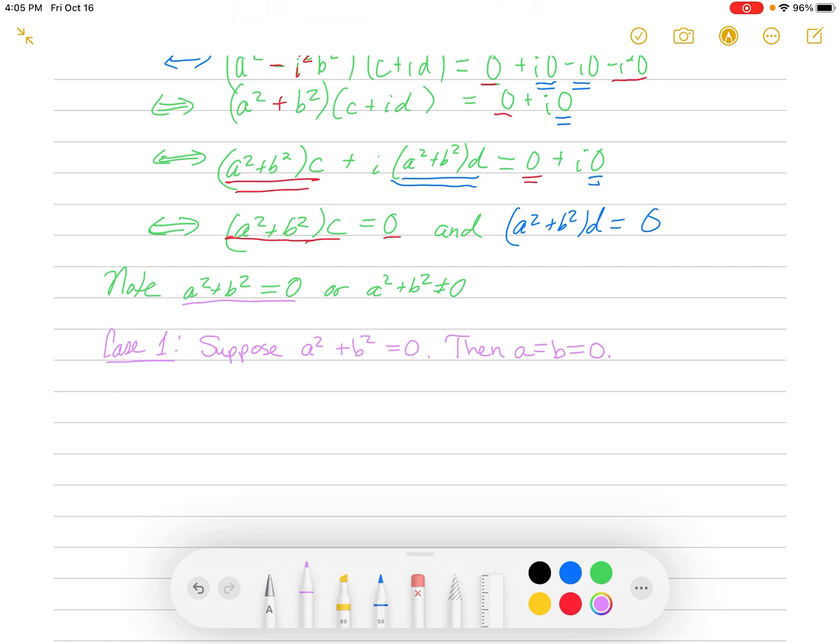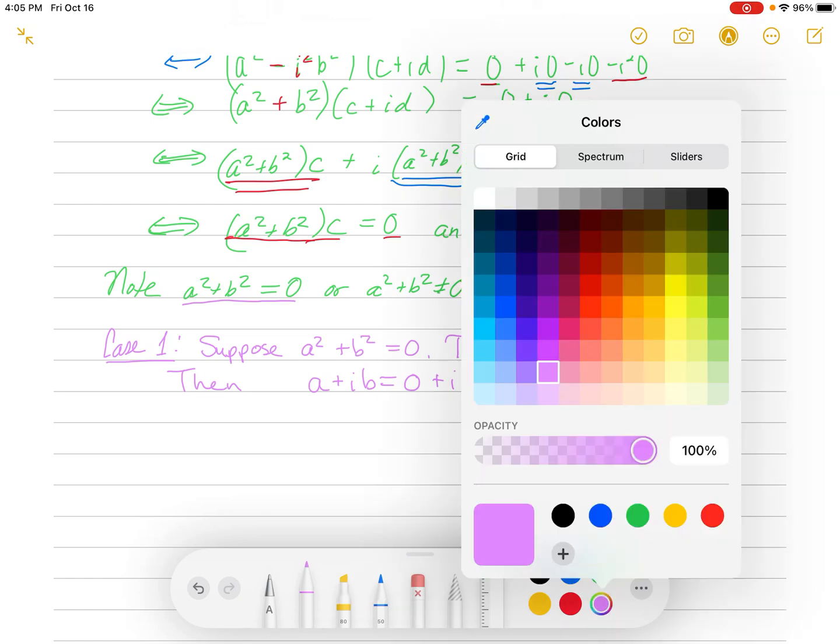So think, if one of them is negative, then a squared plus b squared will be positive. If one of them is positive, then a squared plus b squared will be positive as well. So a and b both have to be 0. That means in that case a plus ib is going to be 0 plus i0. So that proves part of what we wanted to prove, that a plus ib could be 0.